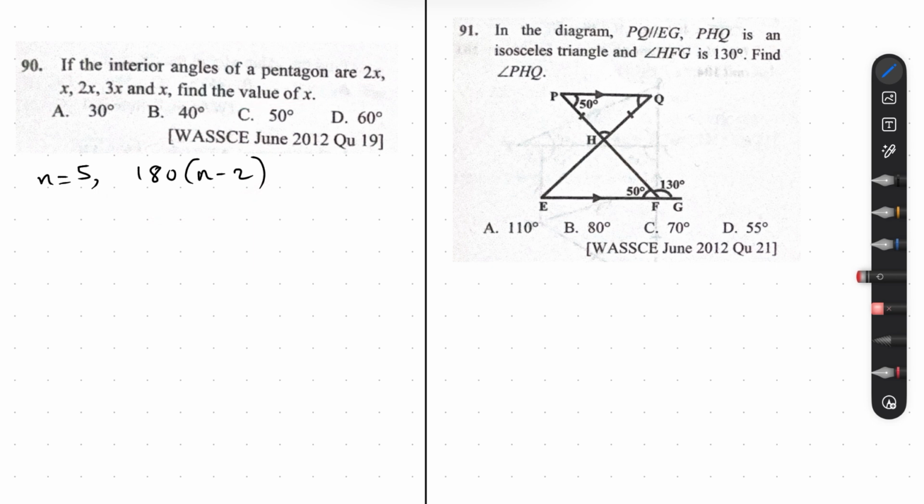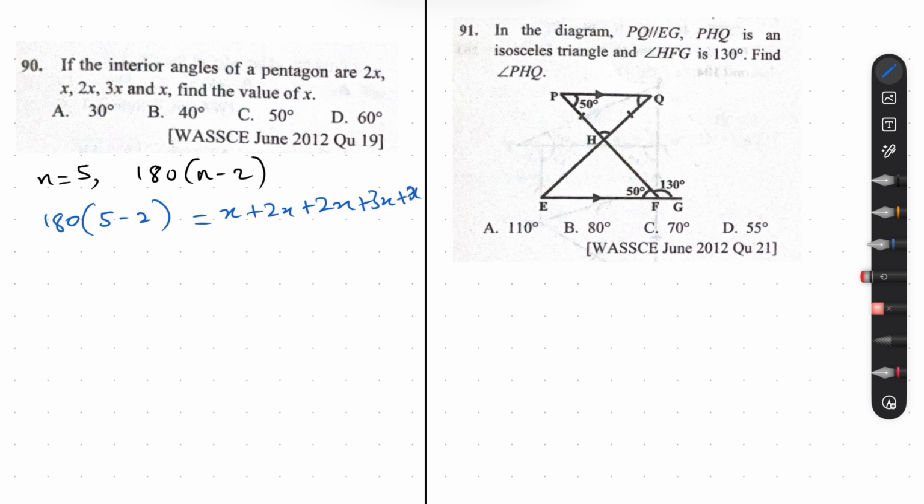So now we have 180 times (5 minus 2) is equal to x plus 2x plus 2x plus 3x plus x. So we add: this is 3x, 5x, 8x, 9x.